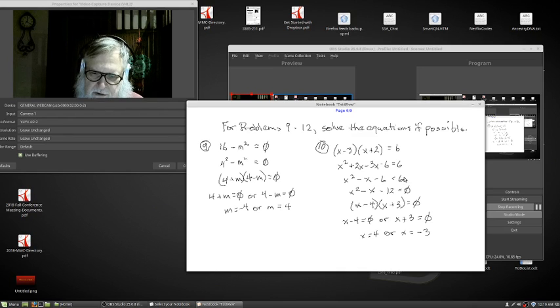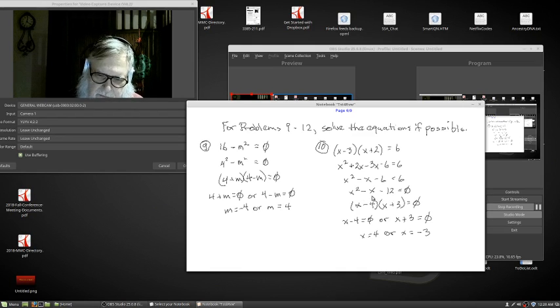We change this to a 0 by subtracting 6 from both sides, which gives us x squared minus x minus 12 is equal to 0. This is similar to one we've already done. We'll notice that the factors of negative 12 that add up to negative 1 are negative 4 and positive 3.